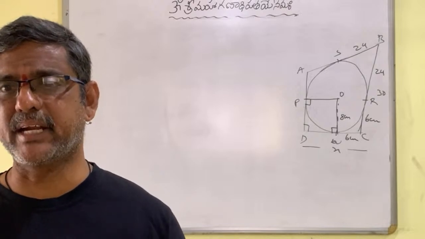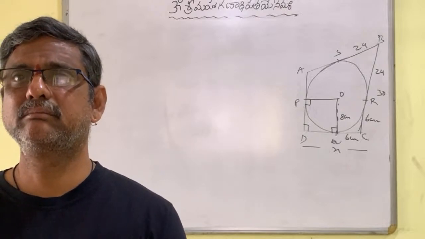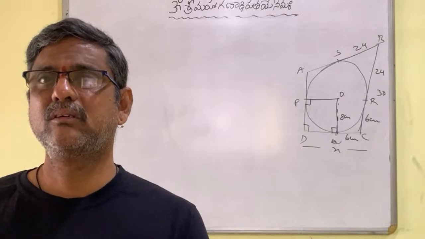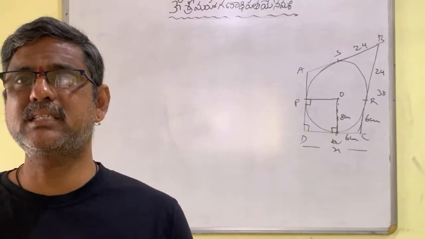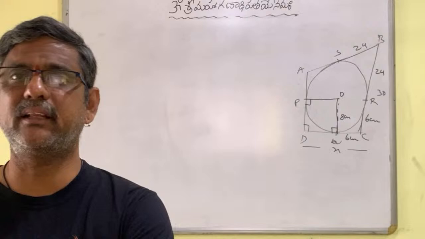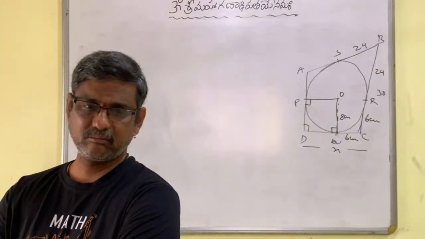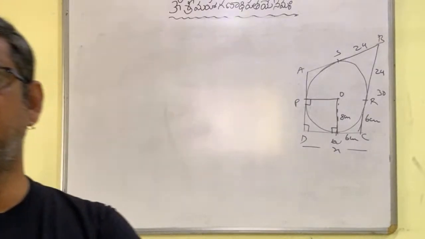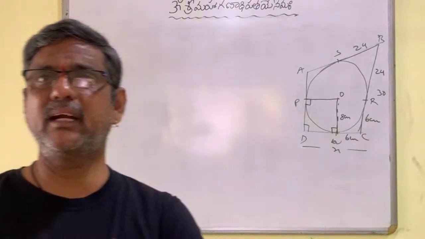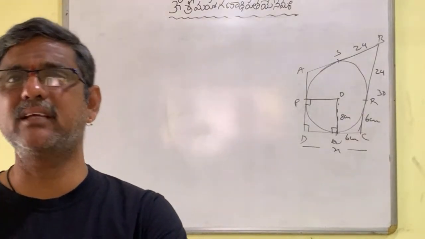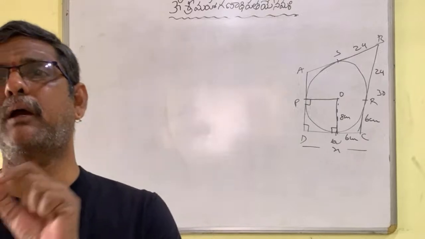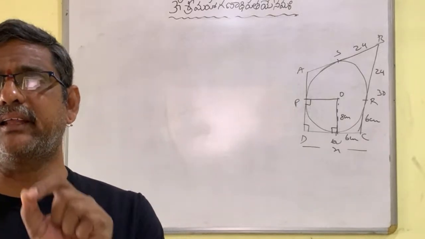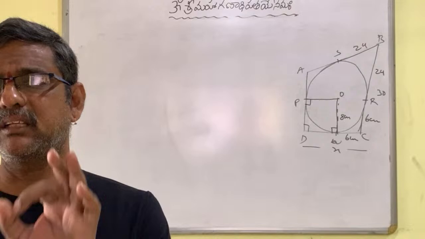That is the actual statement. Some of you are saying that tangent is perpendicular to radius. Radius is perpendicular to the tangent at their point of contact. That was the theorem statement.